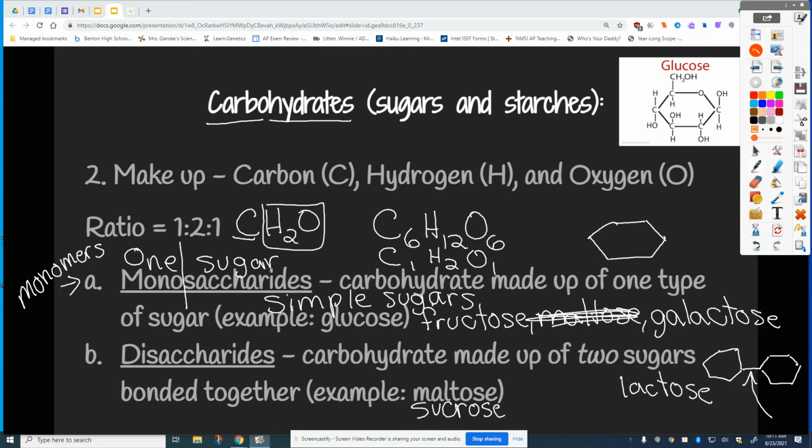where do you think lactose is found? Milk? Anybody ever heard of lactose intolerance? People who are lactose intolerant literally can't digest, they can't break down that bond right there. It's that simple. They literally can't break that bond, so they're lactose intolerant. Now, lactose is made out of glucose and galactose.